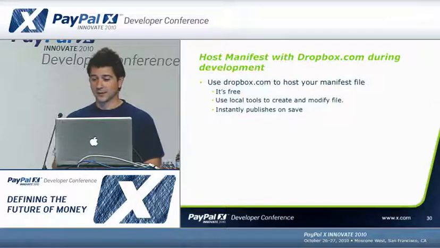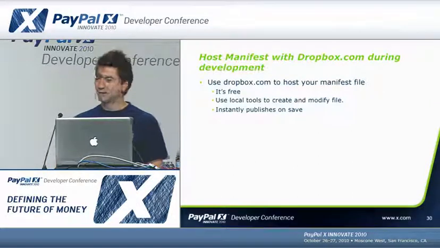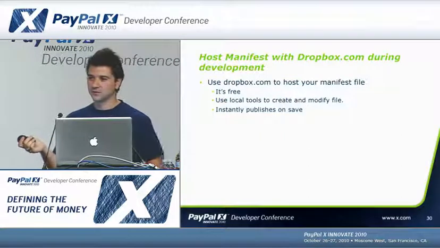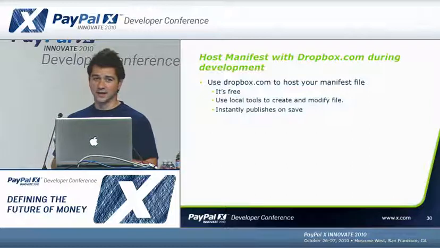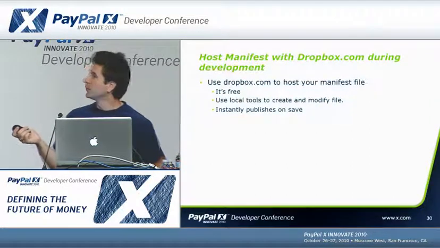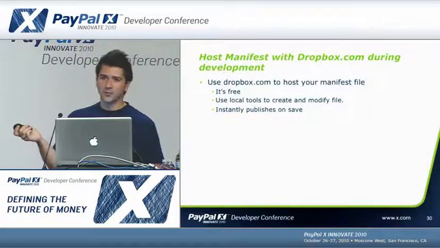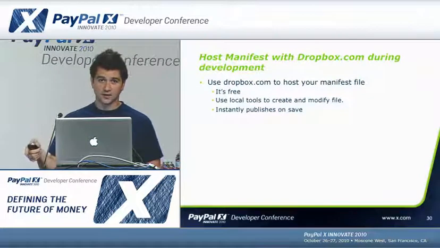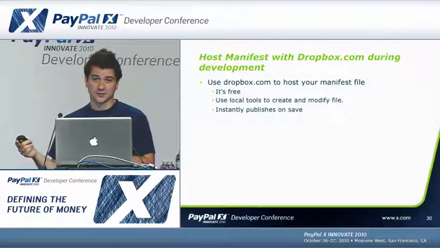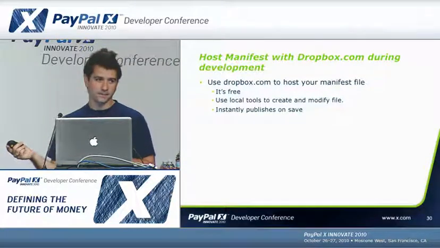So I found this really cool free trick that I thought I would share with you guys. Using Dropbox.com. I'm not sure if you guys know Dropbox, but it kind of attaches a drive to your computer. You can actually just save your code there and use it just like a local file. But what's really cool is you can go up to Dropbox and say this file I want to be publicly viewable, and it actually serves it on a web server.